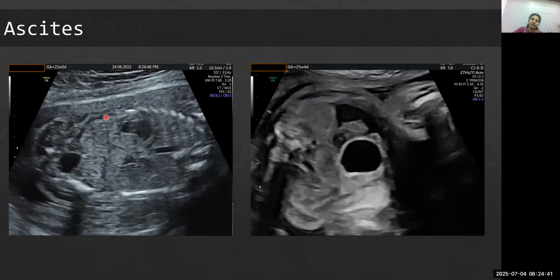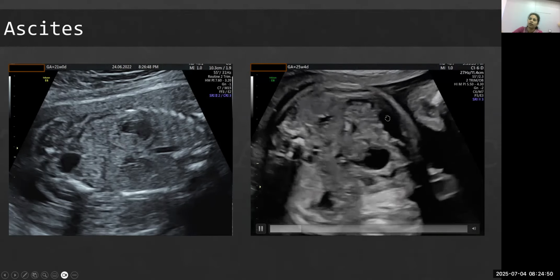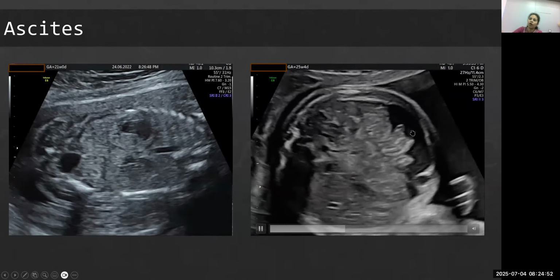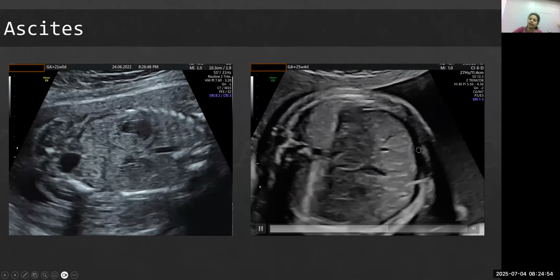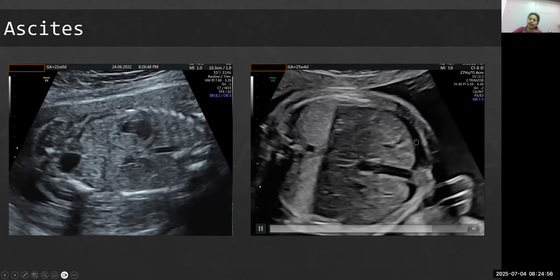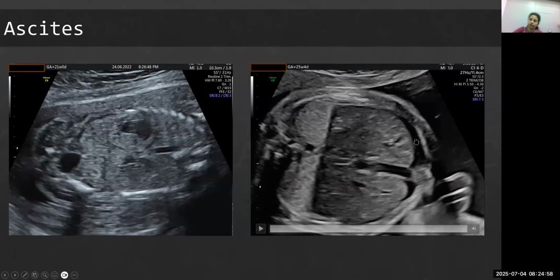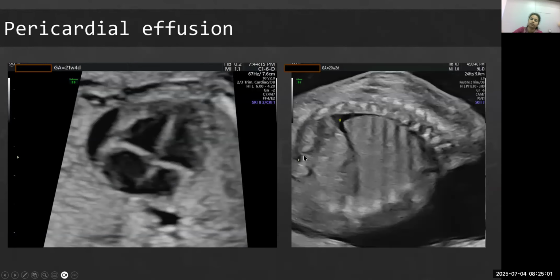We can also have a thin rim of ascites, a fluid collection in the abdomen, or that can be more prominent as we see here. There can also be some fluid collection in other spaces like the pericardial space as well as the pleural space. So it can all be mild to severe.